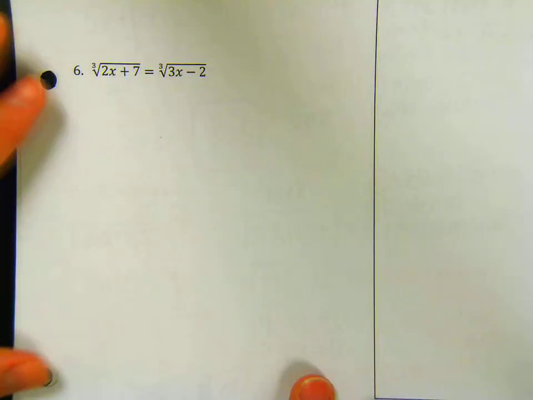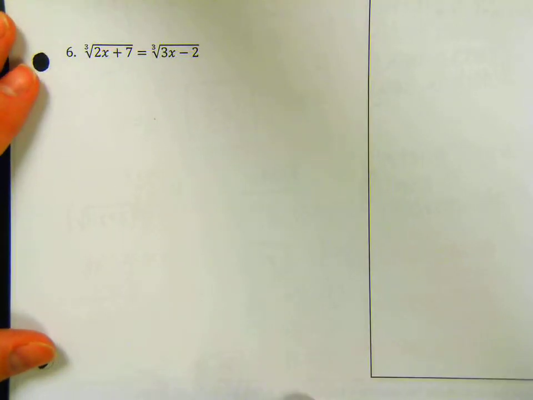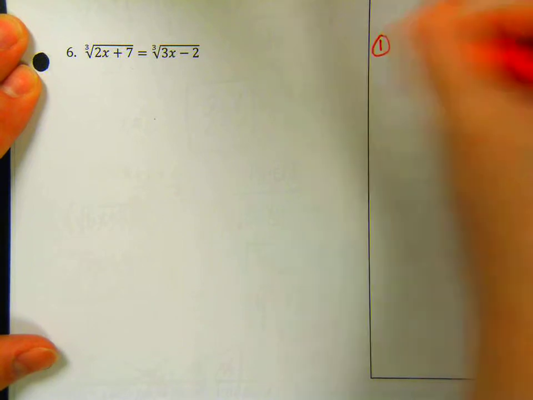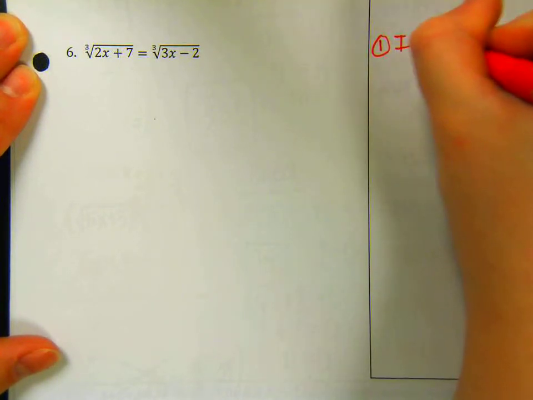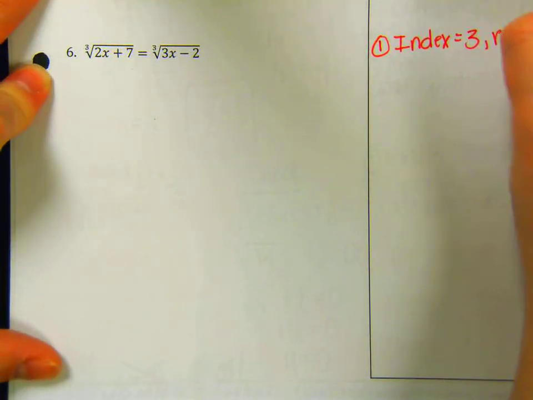Okay, so number 6, we're going to jump right down to there. And this time we don't have an index of 2. So my first step, the index is, yes, good, 3. So raised to a power of 3.